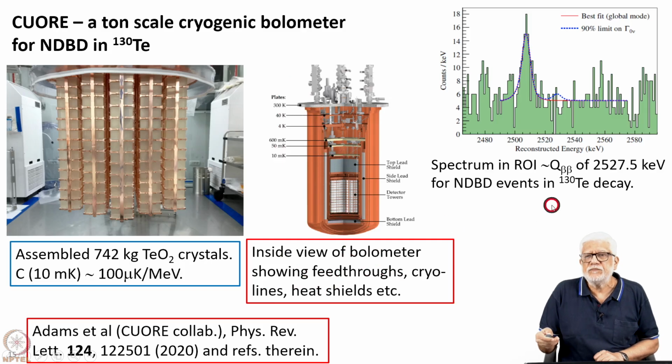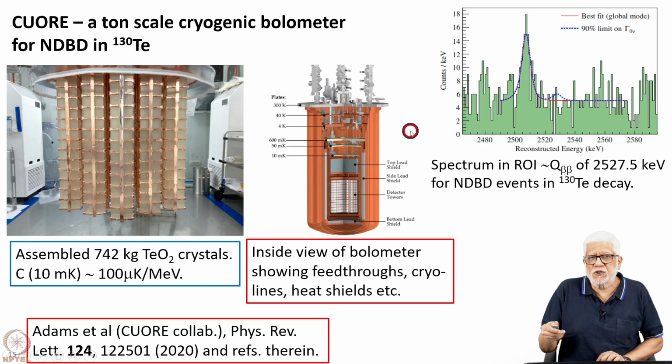Okay. This is a spectrum in the region of interest where you have the two betas and the neutrinoless double beta decay that you are searching for. This should have been the peak. So, from this kind of spectrum you can put a bound on the neutrinoless double beta decay, and they are constantly improving this and taking more data.